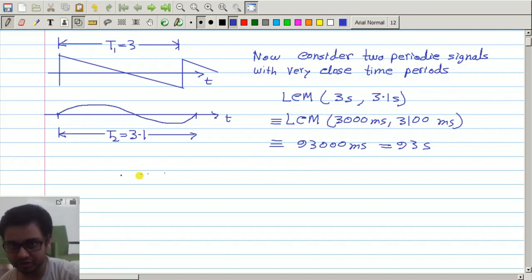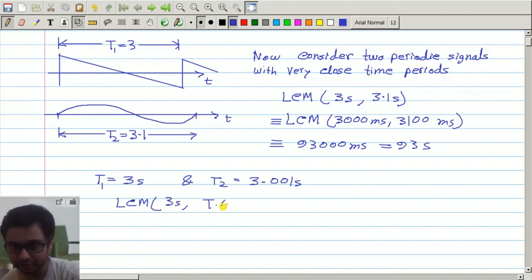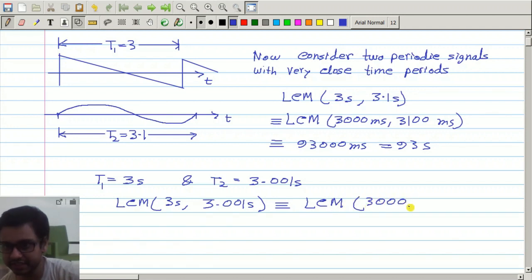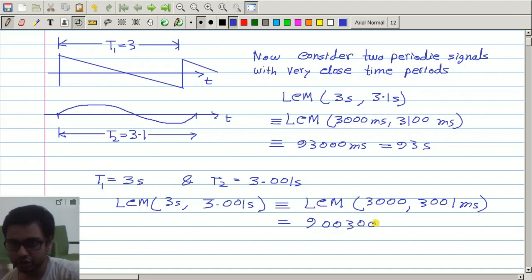In the same way, if you consider, say, T1 to be equal to 3 seconds and T2 to be equal to, say, 3.001, then the LCM of 3 seconds and 3.001 seconds, that means LCM of 3000 milliseconds and 3001 milliseconds, will be 9,003,000 milliseconds or 9003 seconds, which is quite large.